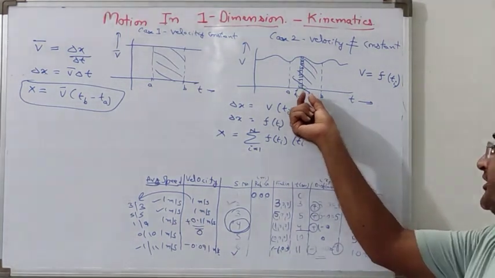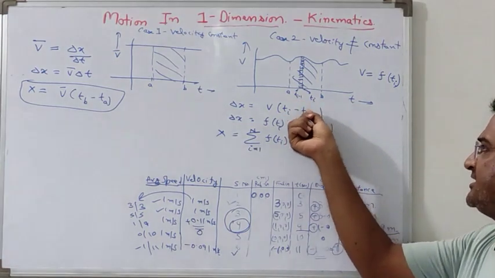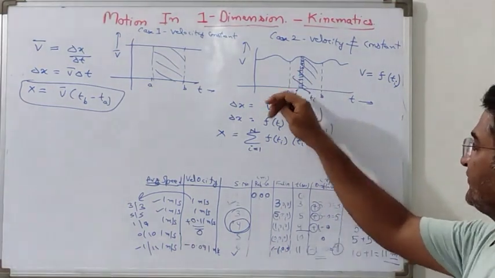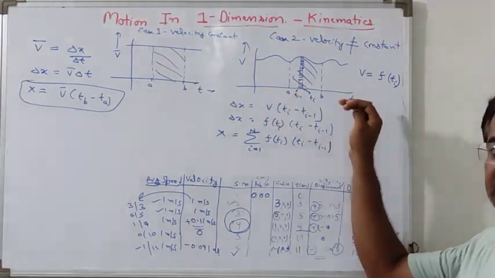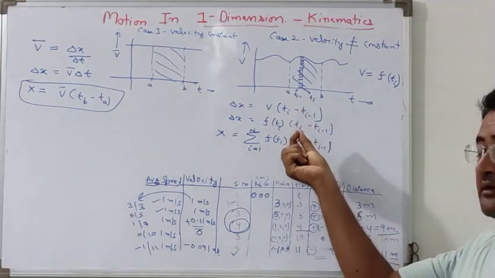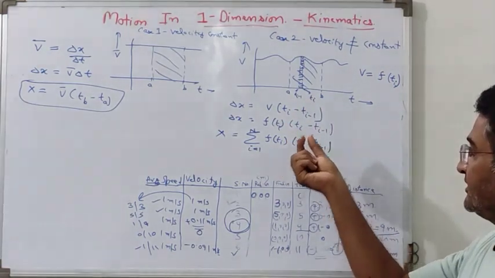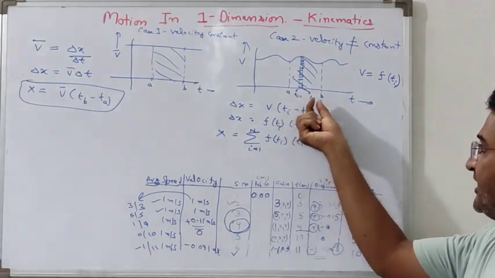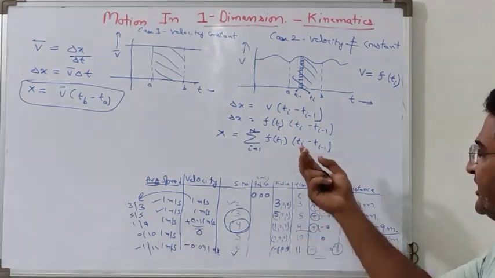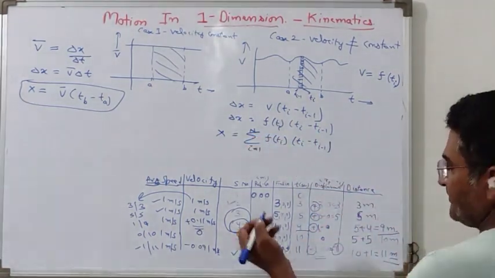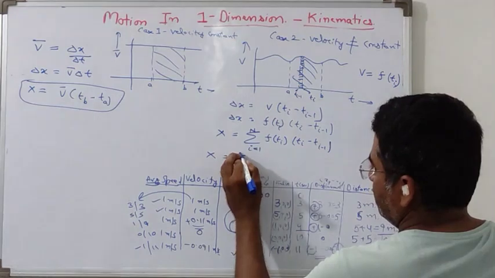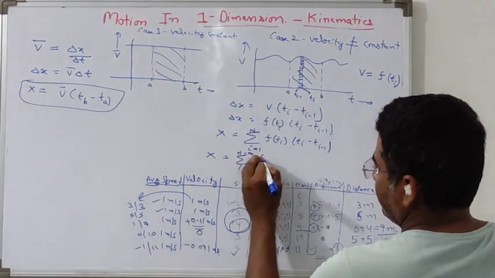Now if we reduce this length, that is ti minus ti minus 1, to a very small value, such that the number of strips tends towards infinity, you can see that as we reduce the width of this strip, the number of strips will keep on increasing, and we reduce this difference to a very small value so that we say that n tends towards infinity.